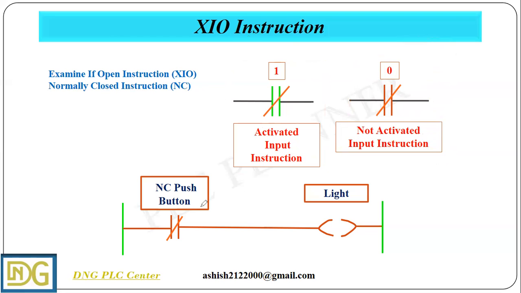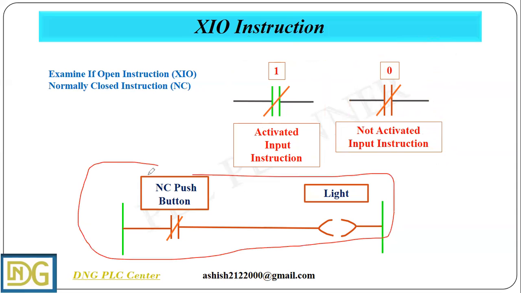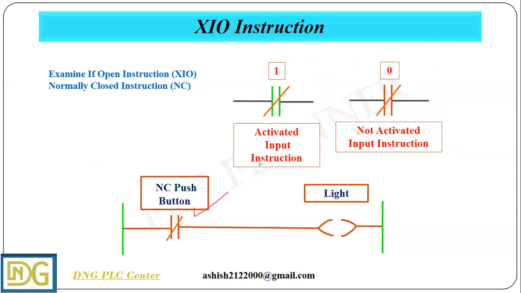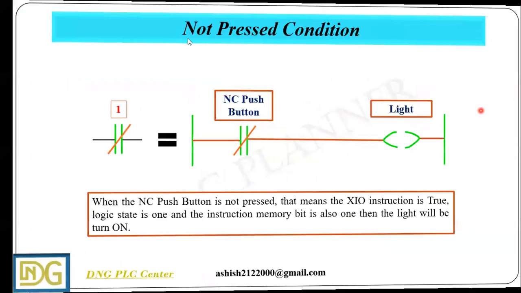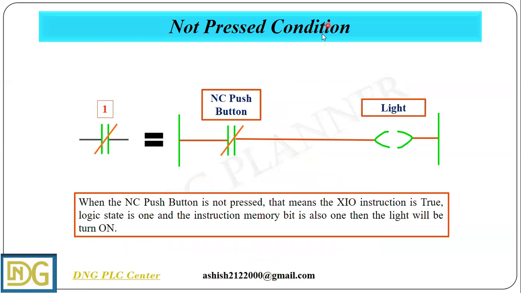And you can connect it like this in the program. NC push button, and this is our light. In the not pressed condition, in the initial way, we haven't pressed this instruction, so it will forward the signal to our light.